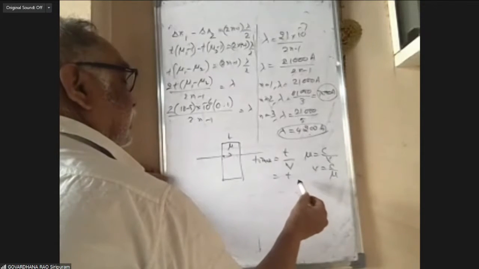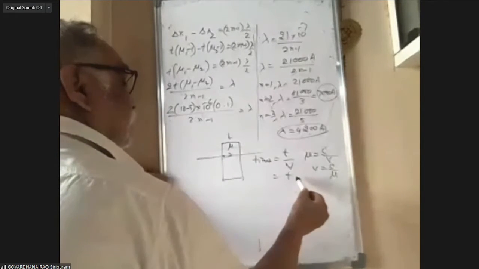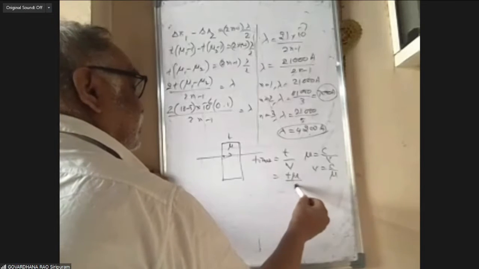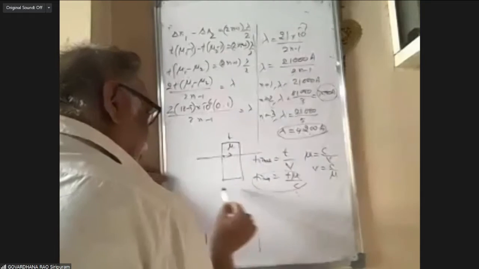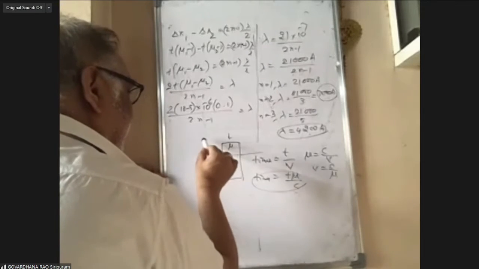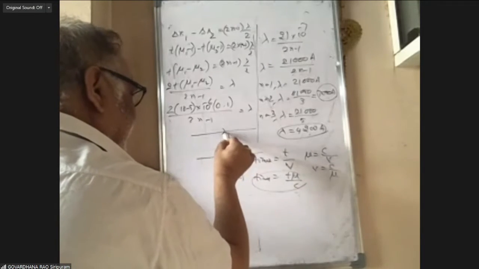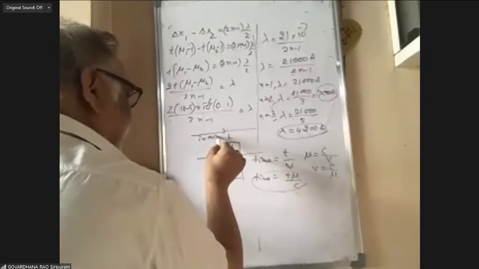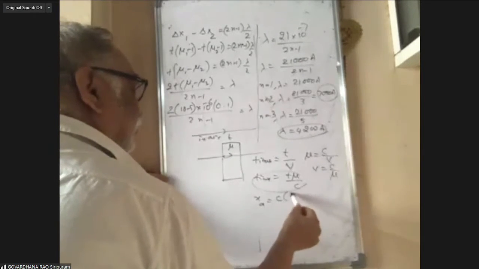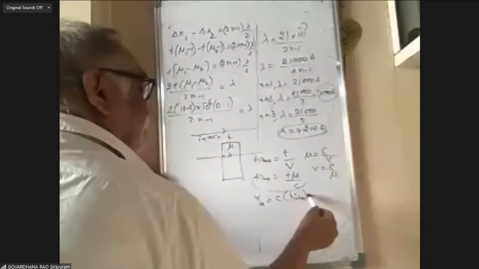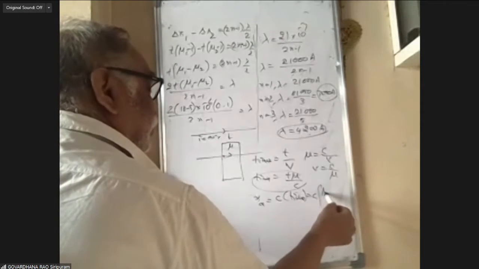So mu into t by c is the time. During this time, what is the distance traveled by the light ray in air? It is c into time, which is mu t.